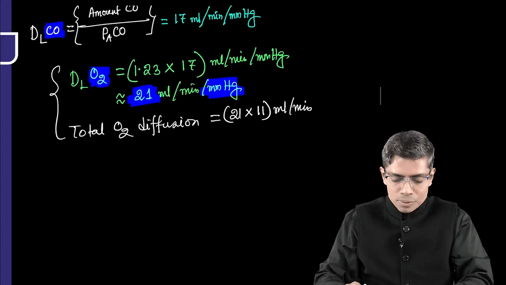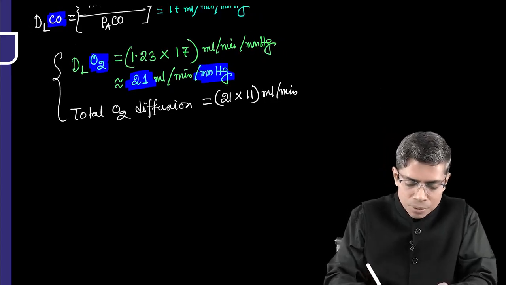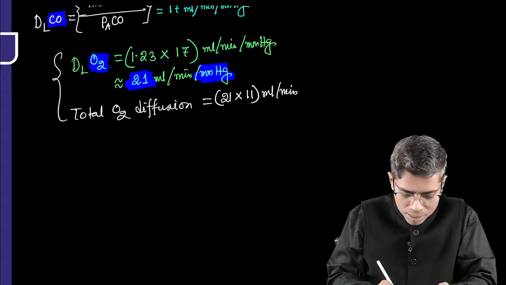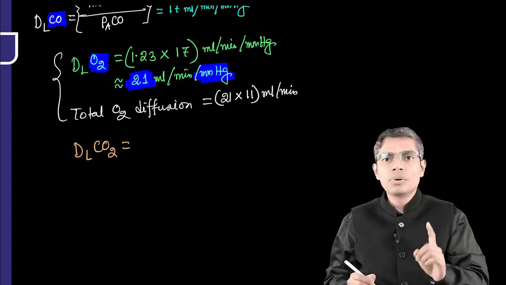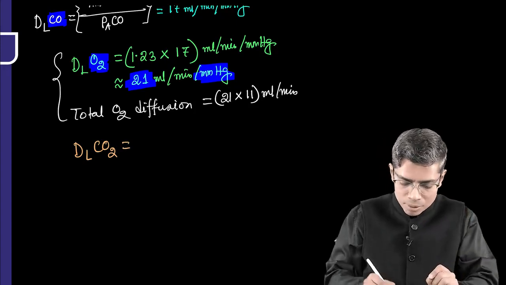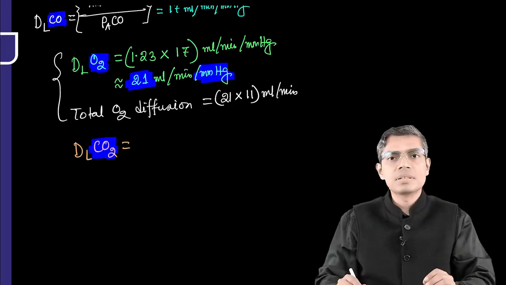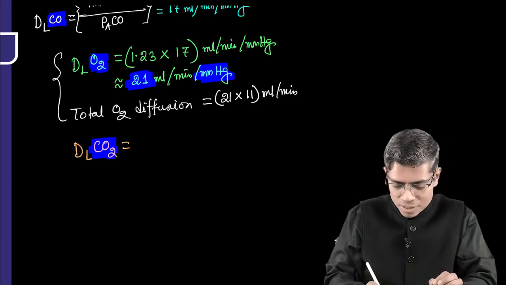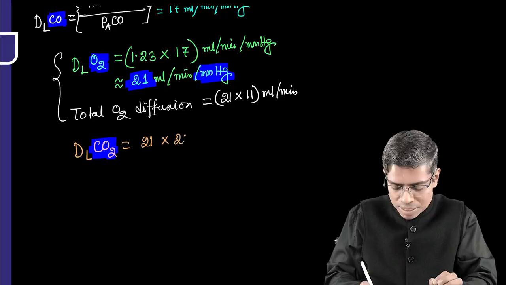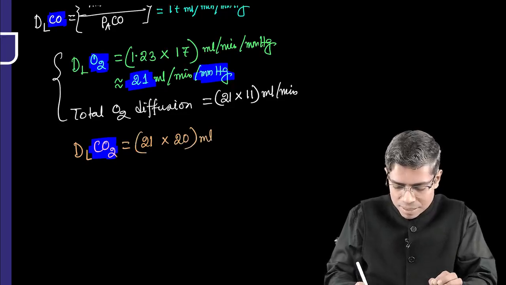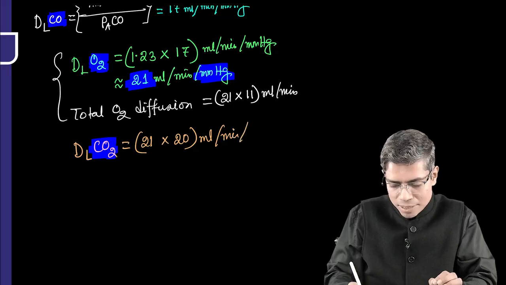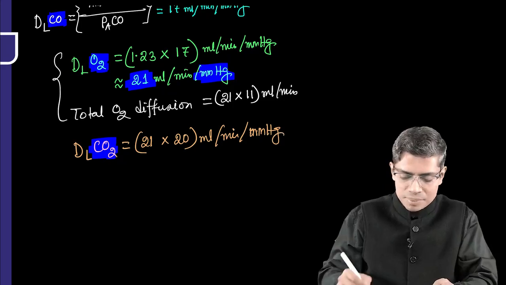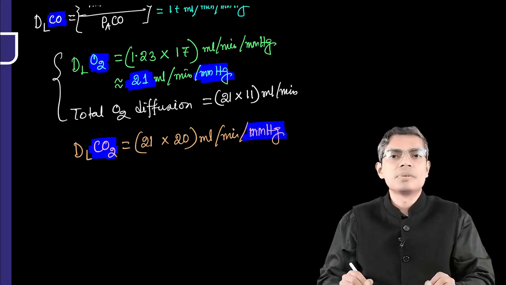In the same way, for the diffusion capacity of carbon dioxide, DLCO2, what will you do? We know the diffusion capacity of carbon dioxide is 20 times faster than that of oxygen. So just multiply 21 ml by 20. This will be the diffusion capacity of carbon dioxide at the level of the lung for a partial pressure difference of 1 millimeter of mercury.